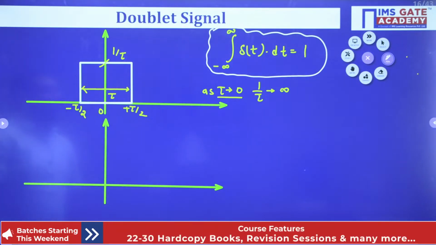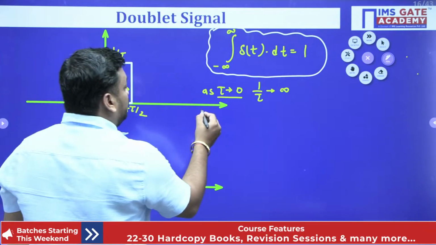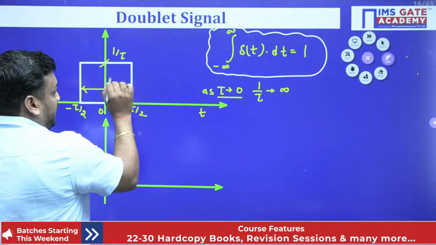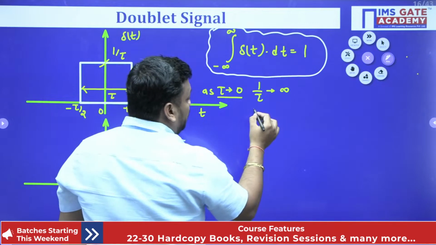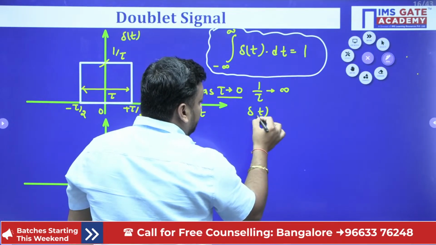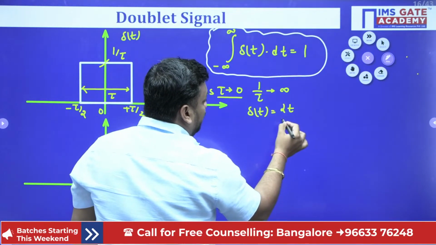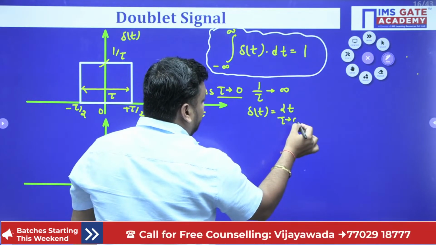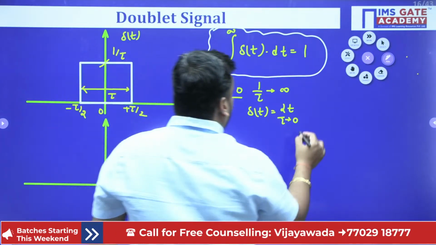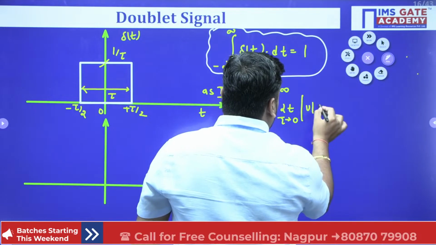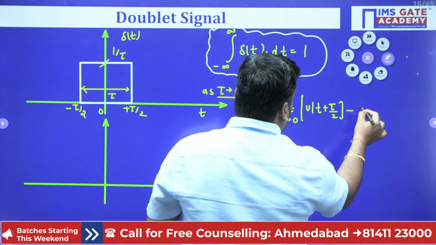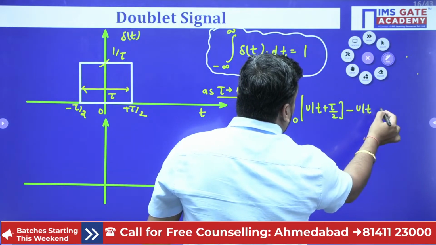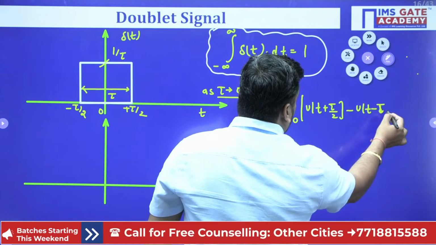Now, because we already completed the step signal also, can I write the equation of the impulse signal in terms of u of t? So I can write the del t function, where limit tau tends to 0, as u of t plus tau by tau minus u of t minus tau by tau.